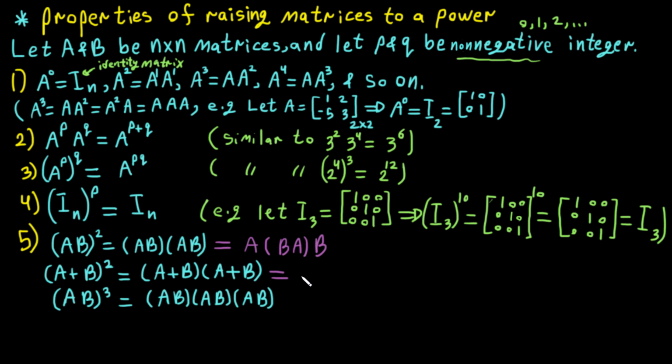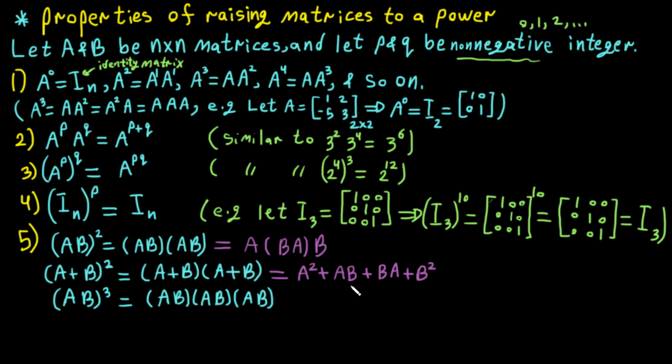And if you want to simplify it more, you can simplify it like this. A multiplied by A, which is A squared. A multiplied by B, and you have to make sure you keep the order, so A multiplied by B. Then B multiplied by A, then B multiplied by B, which is B squared.